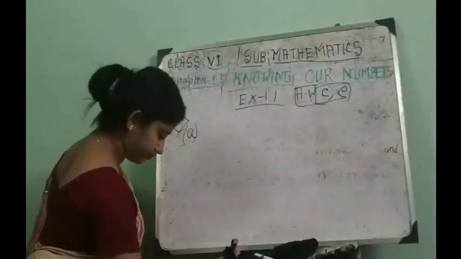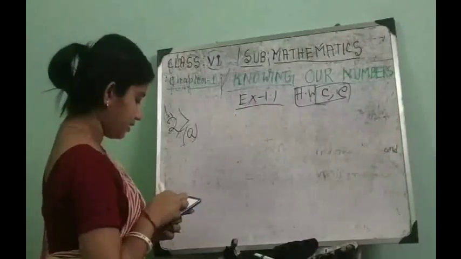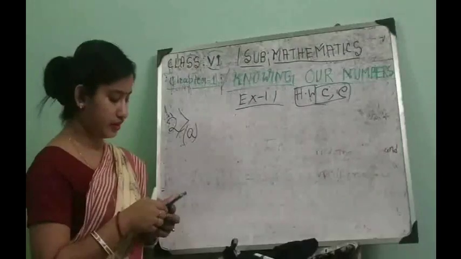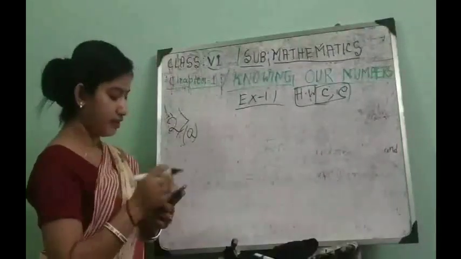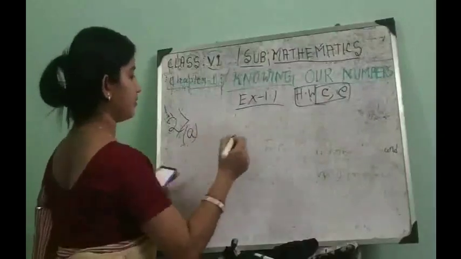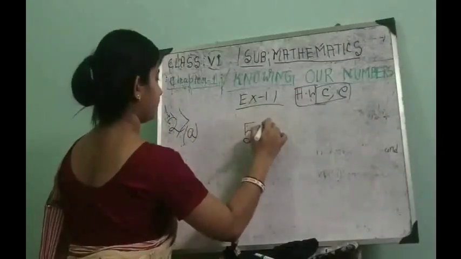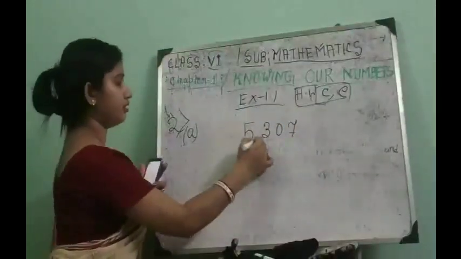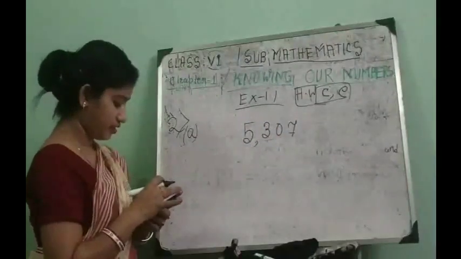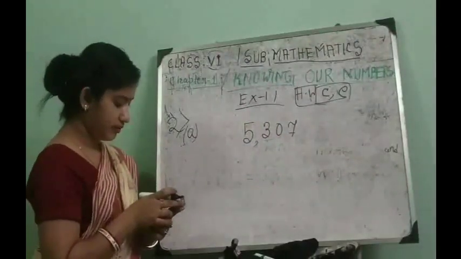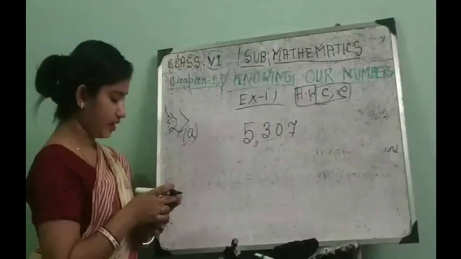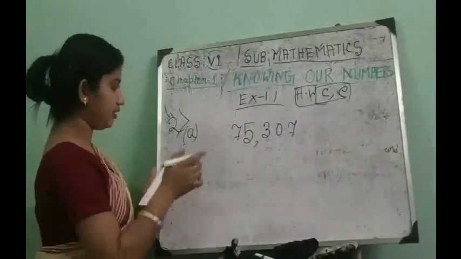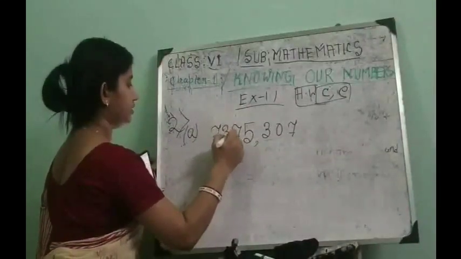Number 2A. Here 73 lakh 75,307. So first we write 5,307. Now here 73 lakh 75,000, that means 73 lakh.